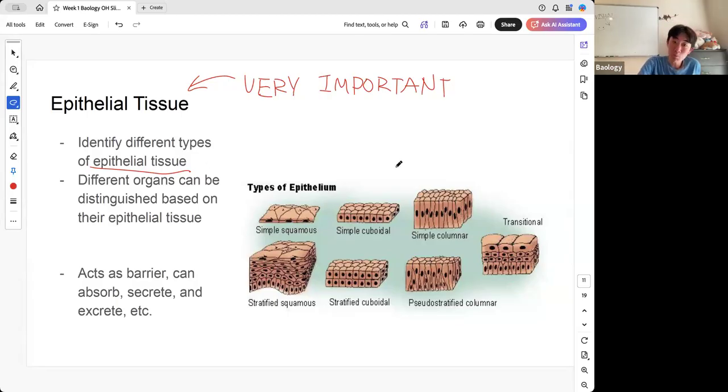It's very useful because you can identify different organs based off the type of epithelial tissue they have. Here we have seven types of epithelium, and these are all specialized for the function they have. They have different forms because they have different functions.